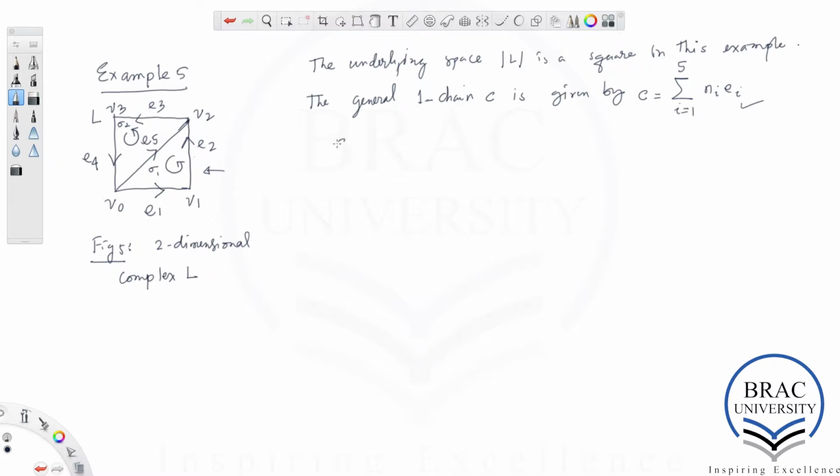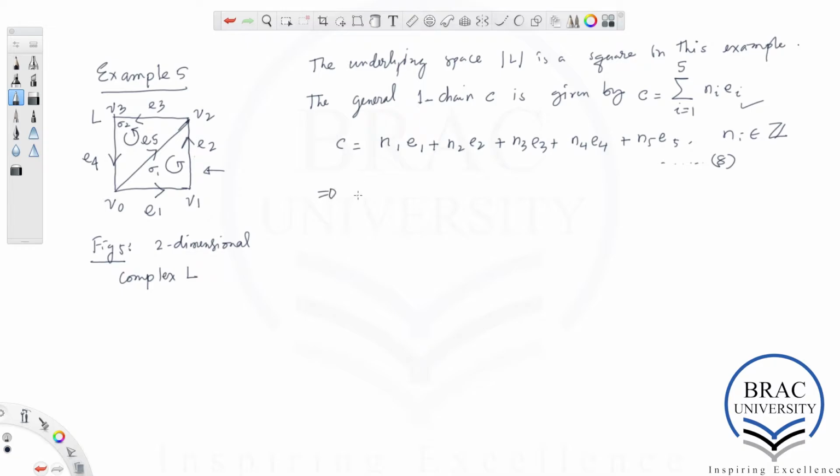Okay, so C can be written as a linear combination of elementary chains N1 E1 plus N2 E2 plus N3 E3 plus N4 E4 plus N5 E5, where Ni's are integers. This is equation number 8.